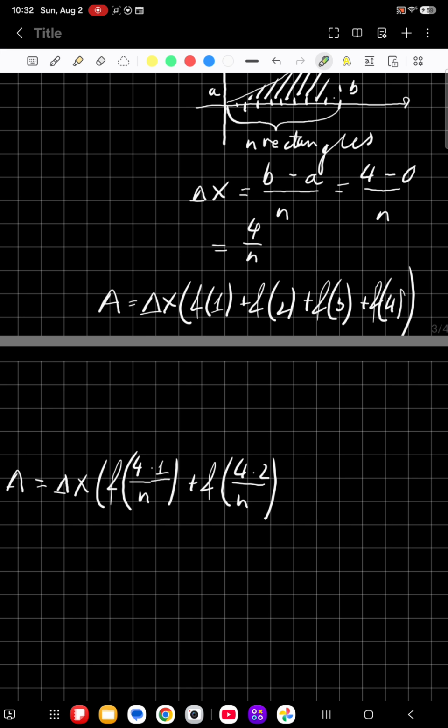Now the next one: f of 4 times 3 divided by n. I ran out of space again, but you get the idea. So 4 times 4 divided by n.